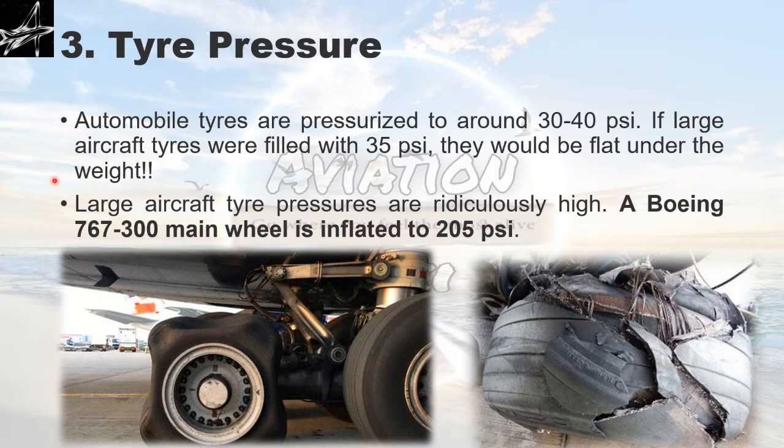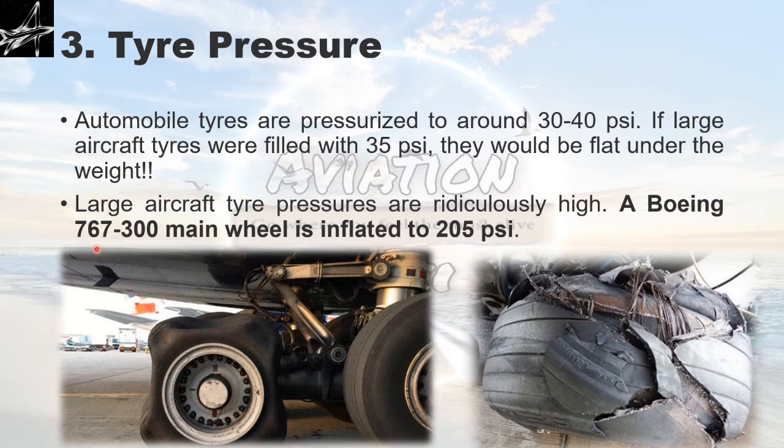In the last slide, we talked about the gas to be filled into the tires. Now, what pressure is to be maintained? Automobile tires are pressurized to about 30 to 40 psi only. If the large aircraft tires were filled with 35 psi, they would be flat under the weight. The large aircraft tire pressures are ridiculously high.